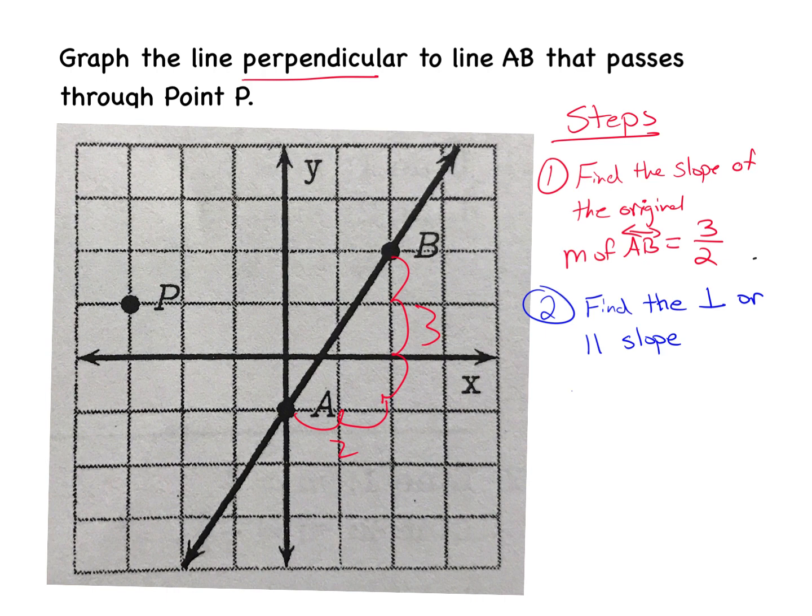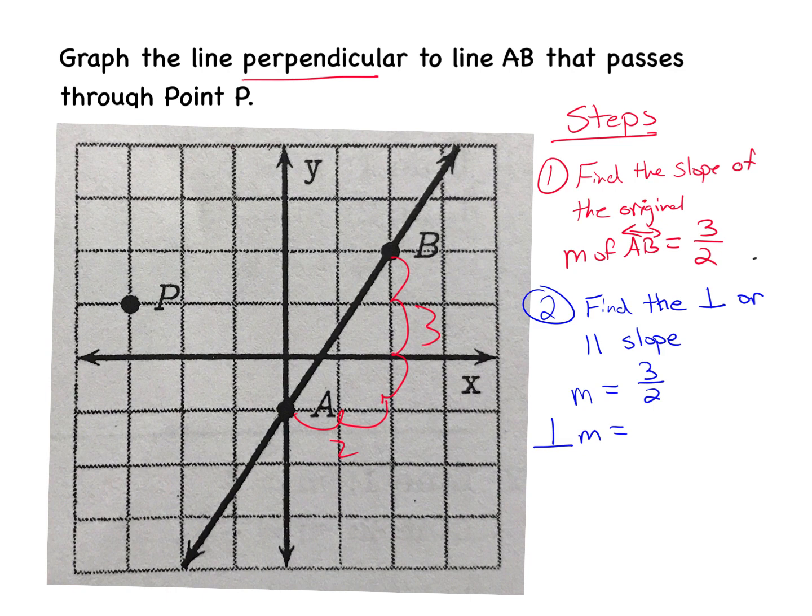So the original one was 3 over 2. Now I need to find the perpendicular one. But real quick, what does this symbol here mean? Perpendicular. What does this one mean? Parallel. Parallel. Okay.